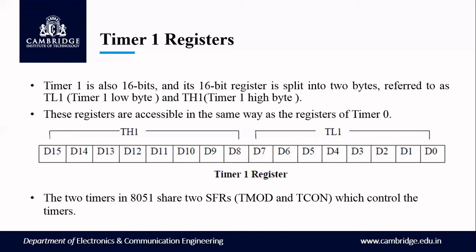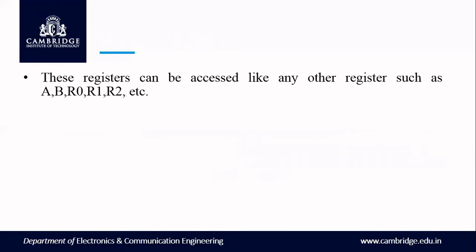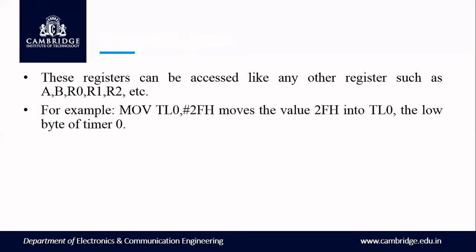So let us see how we can access these registers, that is very important. Once you know that TL0, TH0 are both 8-bit registers, how can you access them? Those can be accessed like your normal registers, whatever registers you will be using for manipulation, that is A, B, R0, R1 and R2, etc. For example, if you want to load something into a timer register, timer 0 low byte can be loaded with any value.